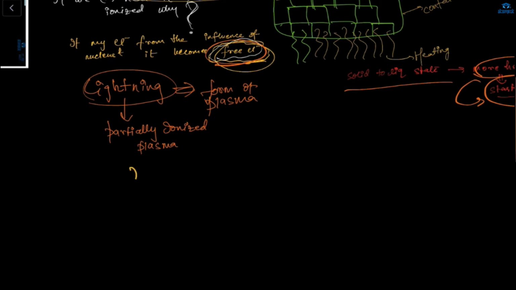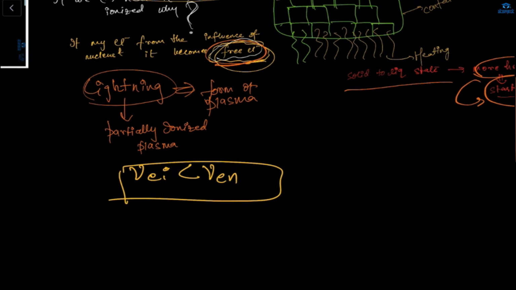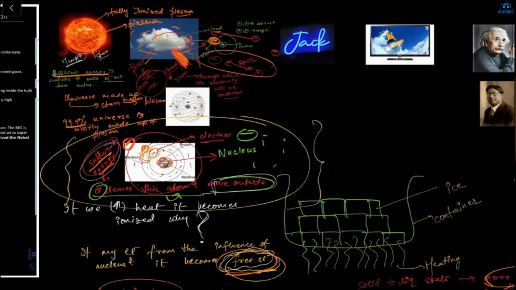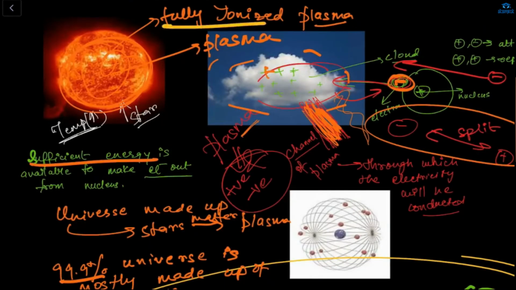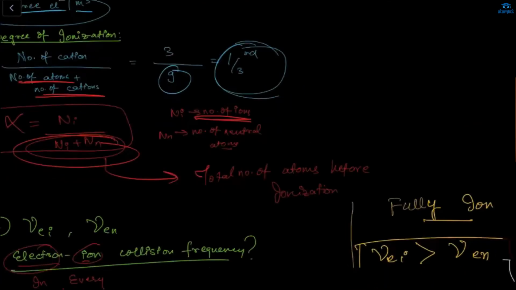So here, partially, this electron ion will be less than electron neutral. Okay. In lightning, partially ionized, partially means the N will be greater. You can learn it like partially means north side. So here in my star, the fully ionized means electron ion is greater than electron neutral, right? Yes, ma'am.